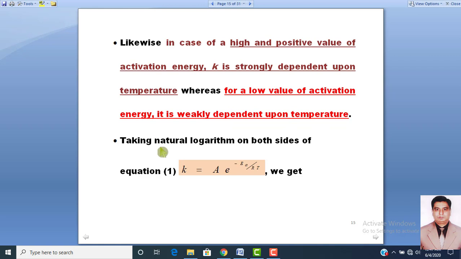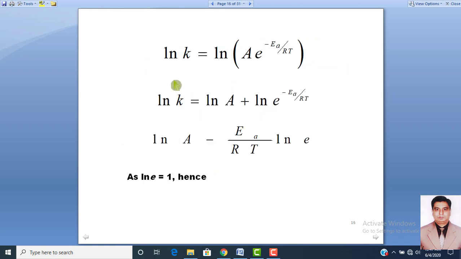If we take the natural logarithm on both sides of equation number 1, then ln K is equal to ln of A, the Arrhenius constant, times e raised to the power minus Ea over RT.